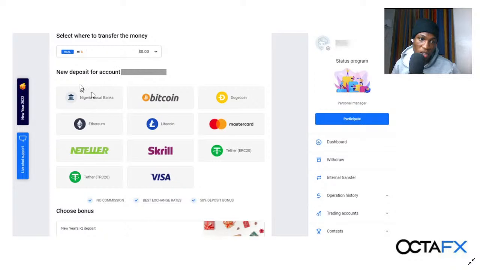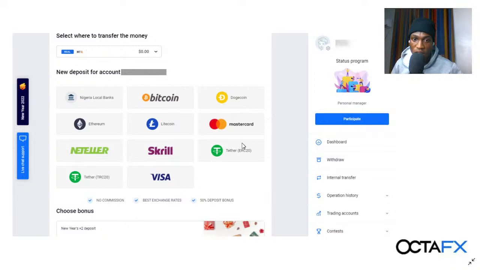If you're in Nigeria, you can use the Nigerian local bank option, where you can do a transfer to a local bank. When you click on it, the details are going to come out where you can do your transfer. If you're using crypto, you can choose from Bitcoin, Dogecoin, various options.